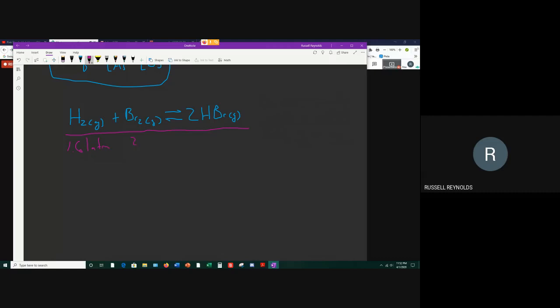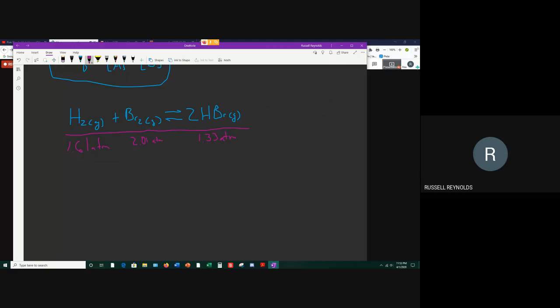Let's say we have 2.01 atmospheres of Br2 gas, of bromine gas, and let's say we have 1.33 atmospheres of hydrobromic gas.